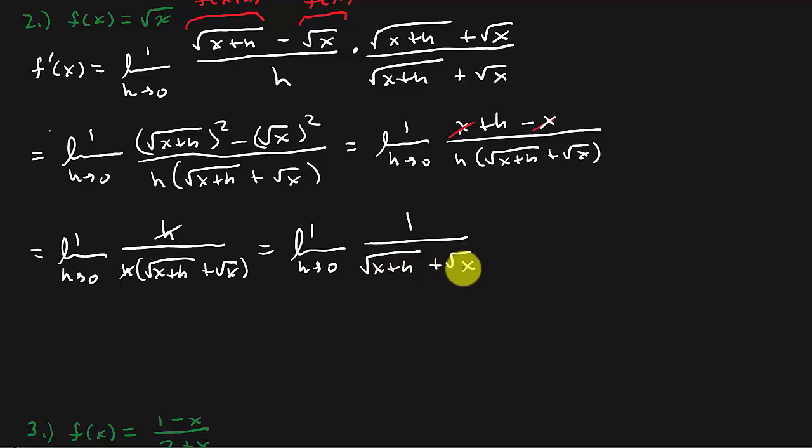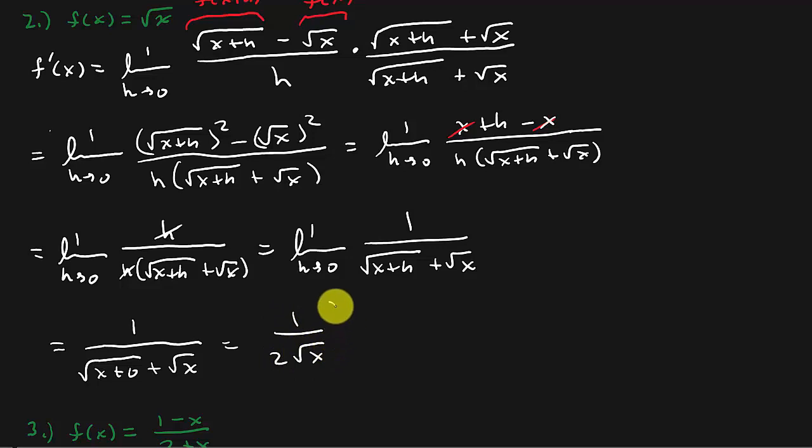And now I can plug the 0 in for h, and so that's going to be 1 over the square root of x plus 0 plus the square root of x, which is just 1 over 2 square root of x. And there's your derivative. So just remember, everything we're trying to do, we just want to get this h out of the denominator.